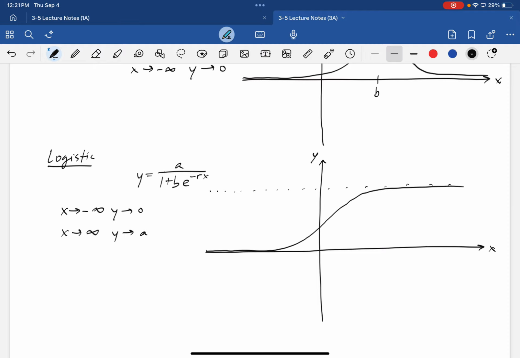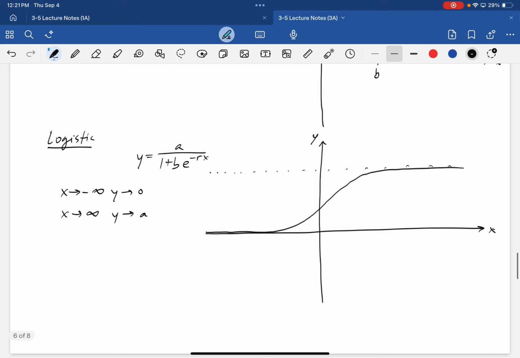And this function is also super useful because it describes a lot of wildlife populations, any kind of population, because this horizontal asymptote y equals a is known as a carrying capacity. So you can think about an example, like maybe you're introducing wolves into Yellowstone National Park.